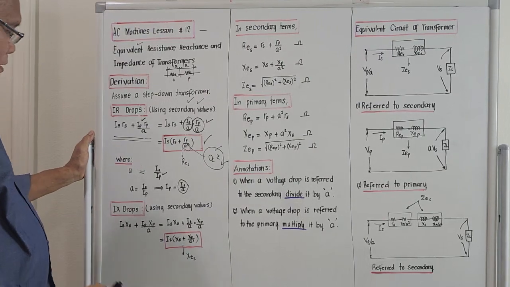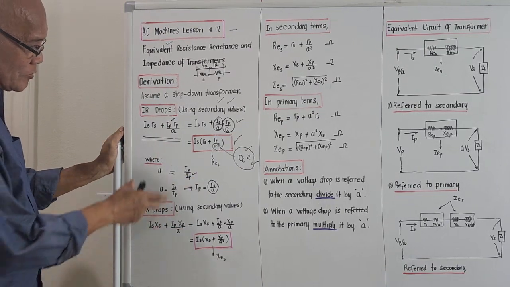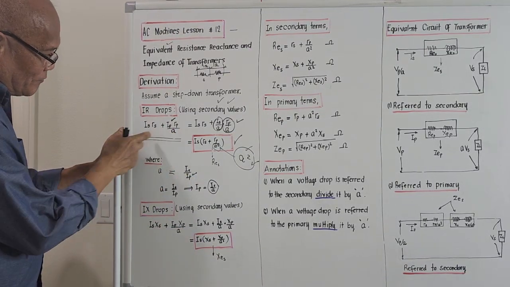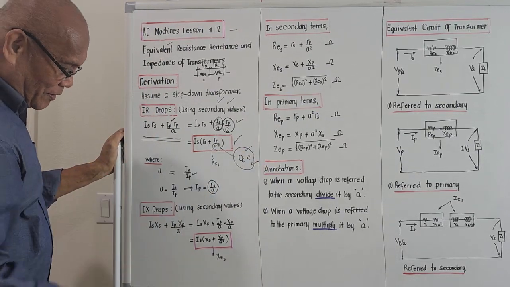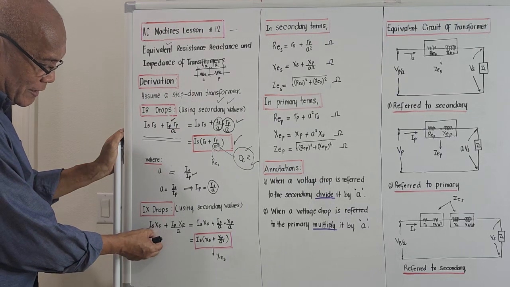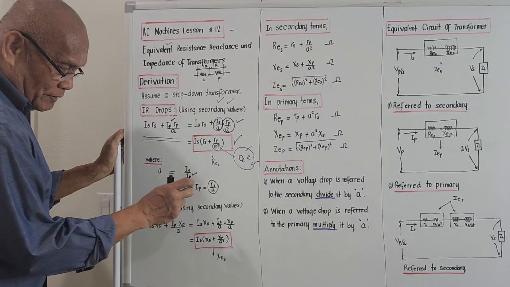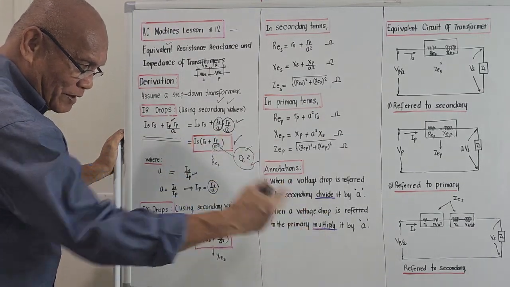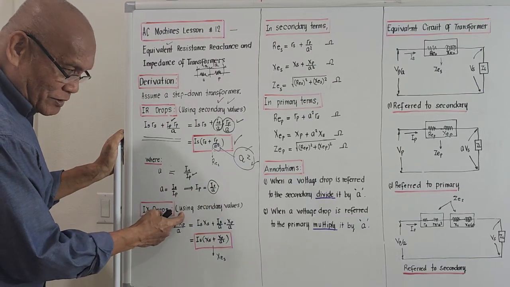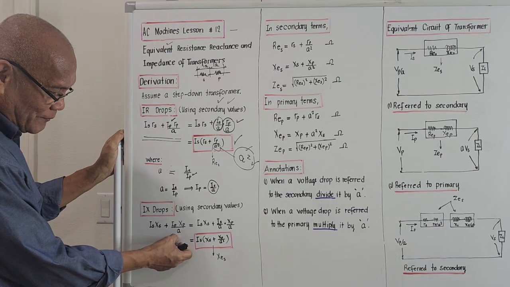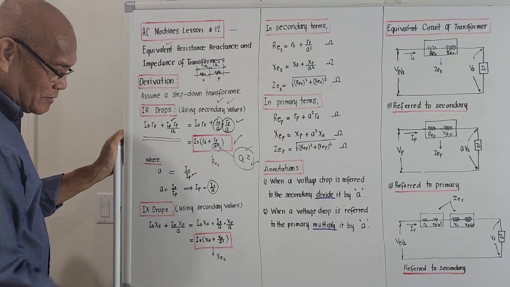The next one. For the IX drops, it's the same. We'll just follow this one, but we'll replace R by X. We are computing the reactance drop now. So this should be ISXS plus IPXP. The reactance drop on the primary, but since our computation should be based on the secondary, we divide it again by A. And this should be equal to ISXS.